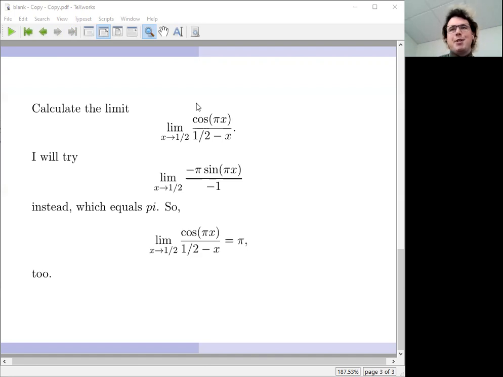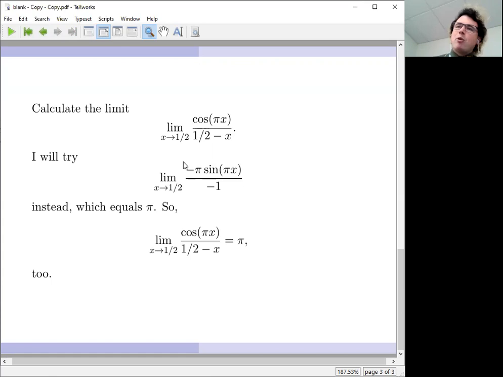So L'Hopital's rule suggests to me I can try computing this by replacing these functions with their derivatives instead. Now, I am only allowed to do this because of the 0 over 0 situation. This is a special rule just for that issue. So I'm going to do that.